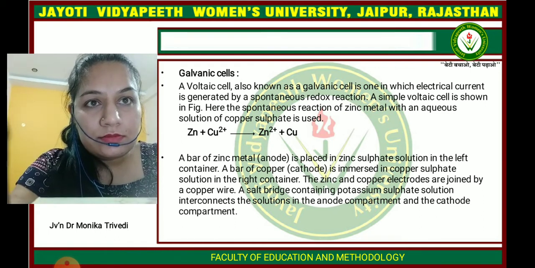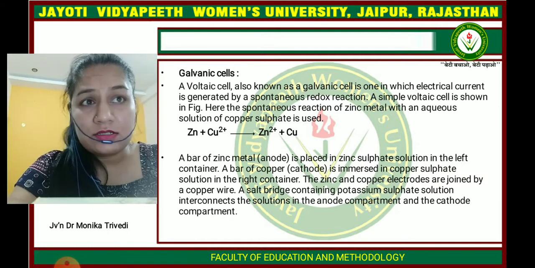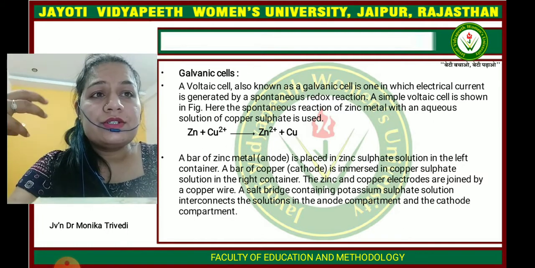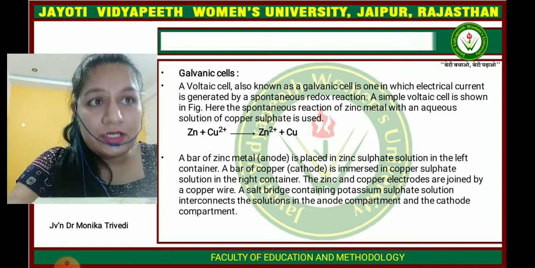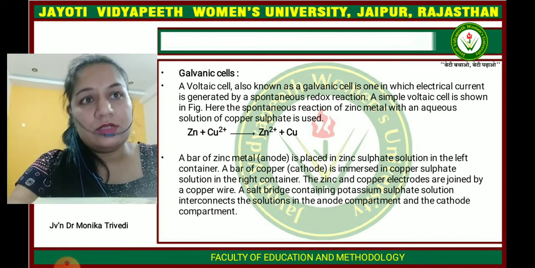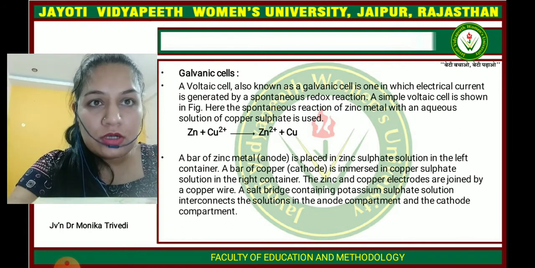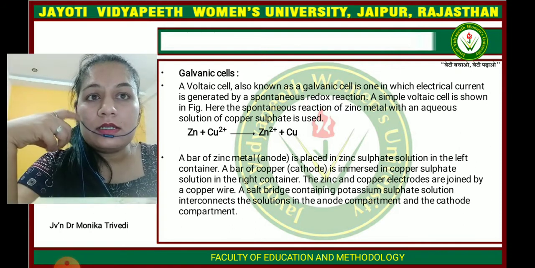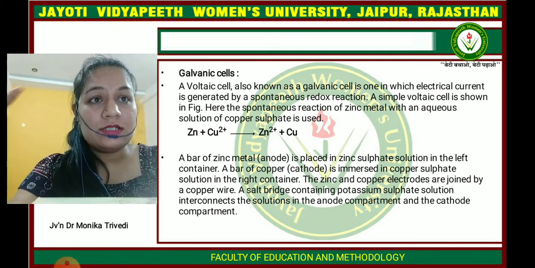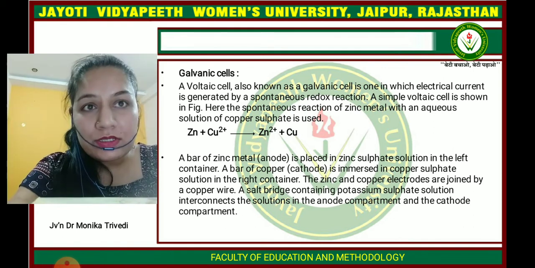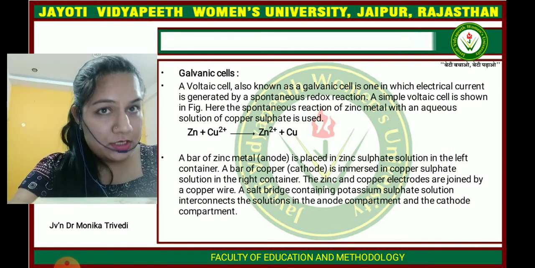Voltaic cells are also known as galvanic cells, in which electrical current is generated by a spontaneous redox reaction. A simple voltaic cell is a spontaneous process when zinc metal is used with an aqueous solution of copper sulfate.